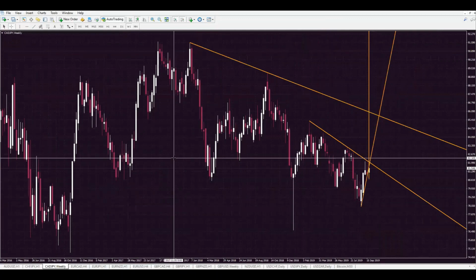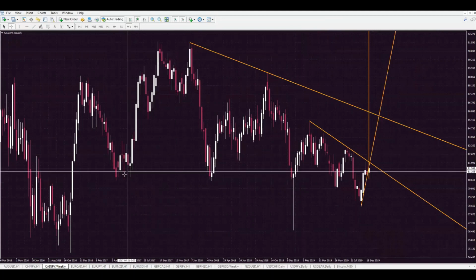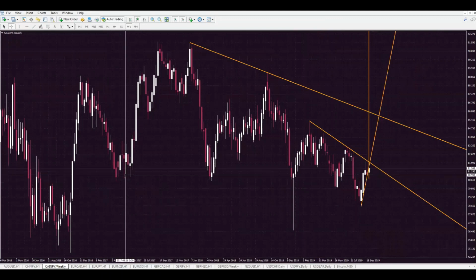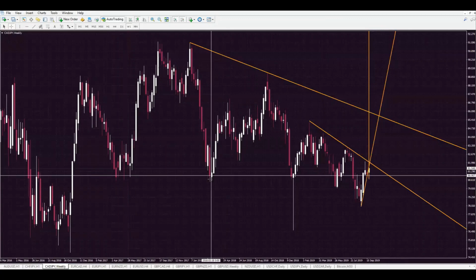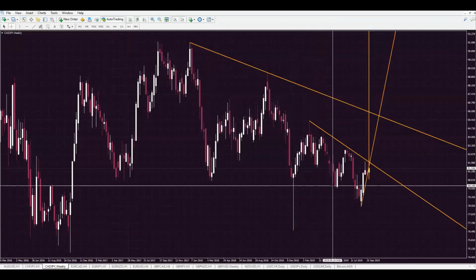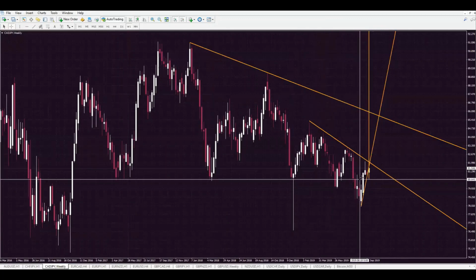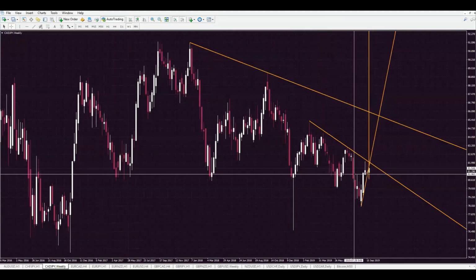But we have price struggling in this area because we can notice support, support, support, support. Price is still within this strong support here.